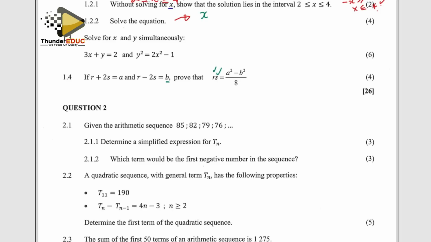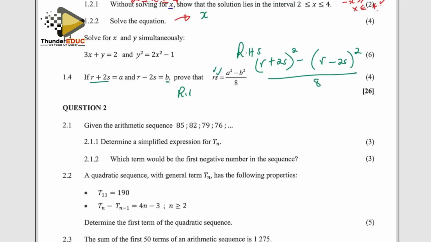So instead of starting from the left hand side, I'm going to start from the right hand side to prove that. Where there is a, I'll put r plus 2s squared, minus where there is b, I'll put r minus 2s squared, and this must be over 8.